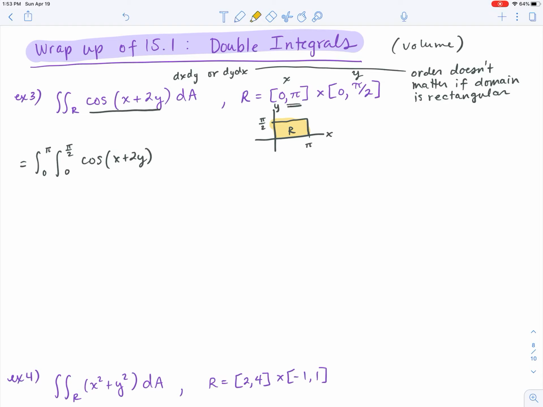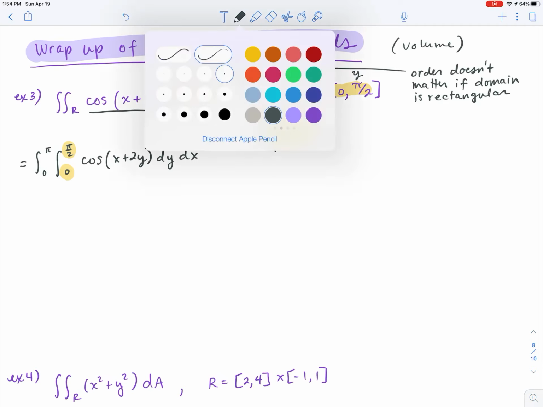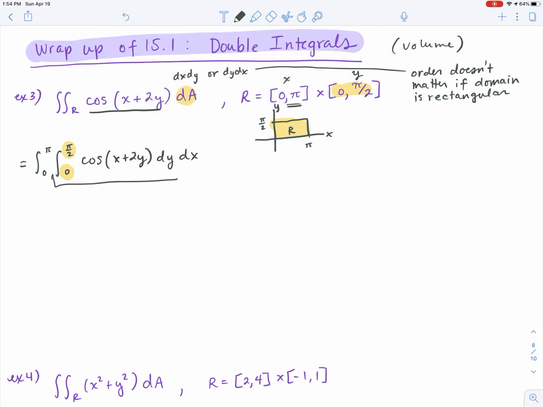Now for dA, since this inside integral goes with the y values, we're going to do dy, then dx. We're going to integrate this inside integral first. Let me highlight that this is what we're doing here. What we're really just doing is integrating twice.